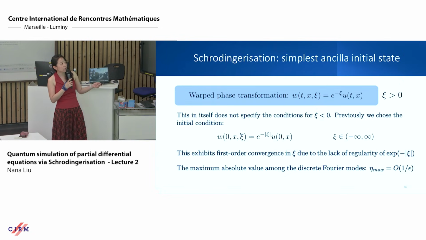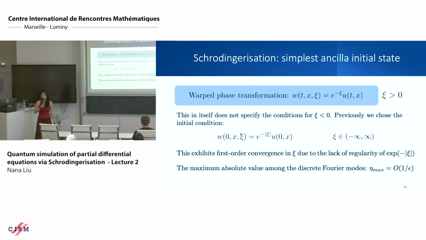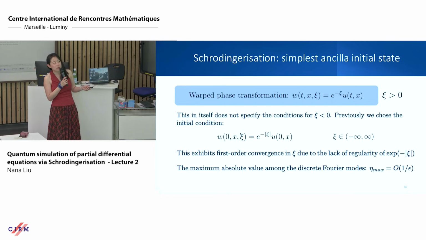But just a note on the original warp phase transformation: it still works, because this product works when psi is above 0. If we do have a backwards thing, then this is when psi is above psi star. But this in itself does not specify the conditions when psi is below 0.